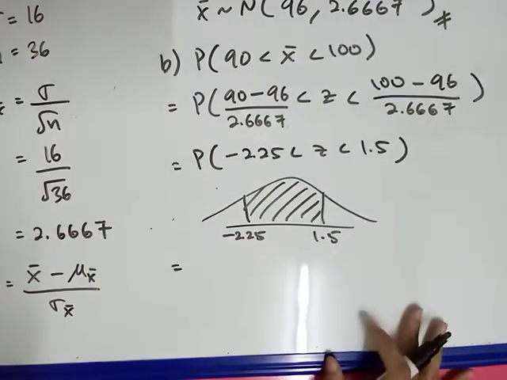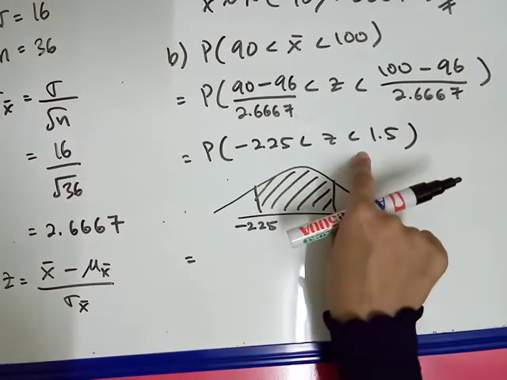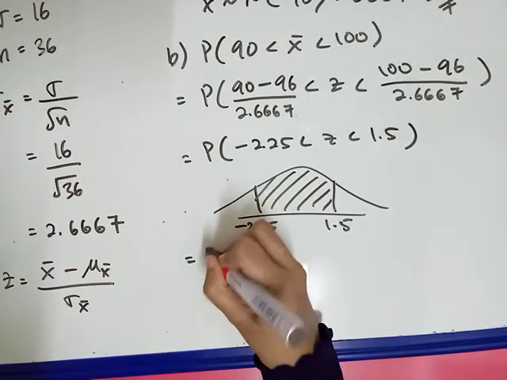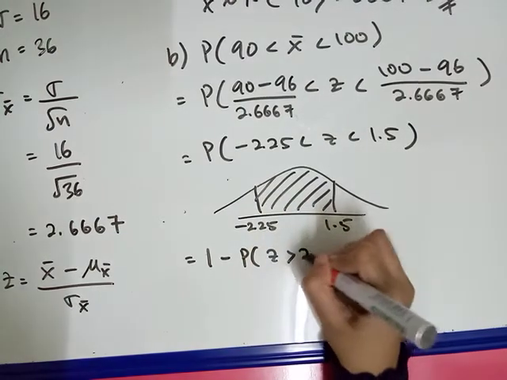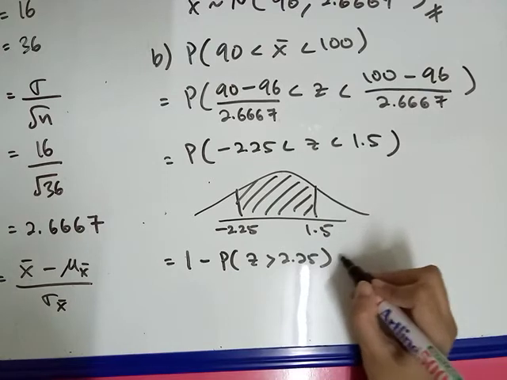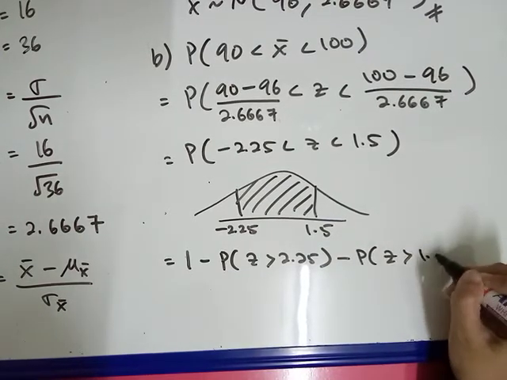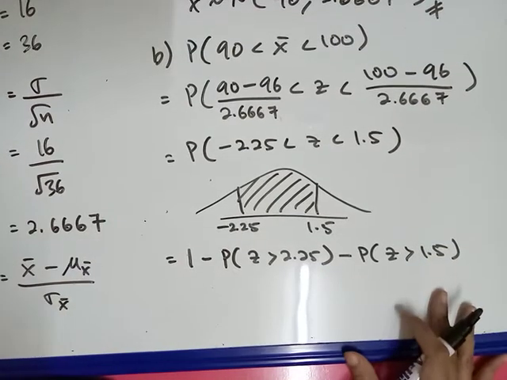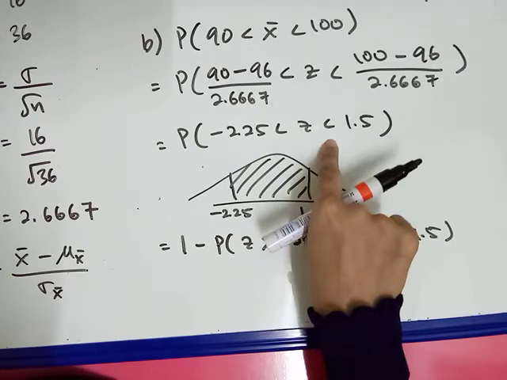So when you found one z value, one negative, one positive, the concept is 1 minus probability z more than 2.25. Another again minus probability z more than 1.5. Okay, concept dia when you found one negative, one positive.